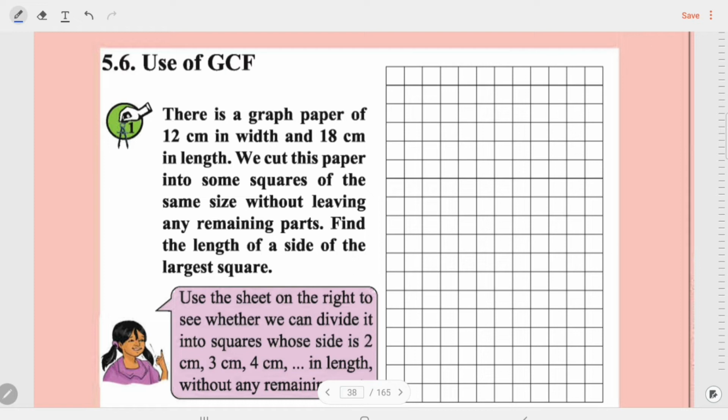So what is the answer? 6 centimeter. Okay, so 12 into 18 divided by 6 into 6. 6 twos are 12, 6 threes are 18, that is 9. So nothing will remain here in this case. You can use only 9 squares of 6 cm size.